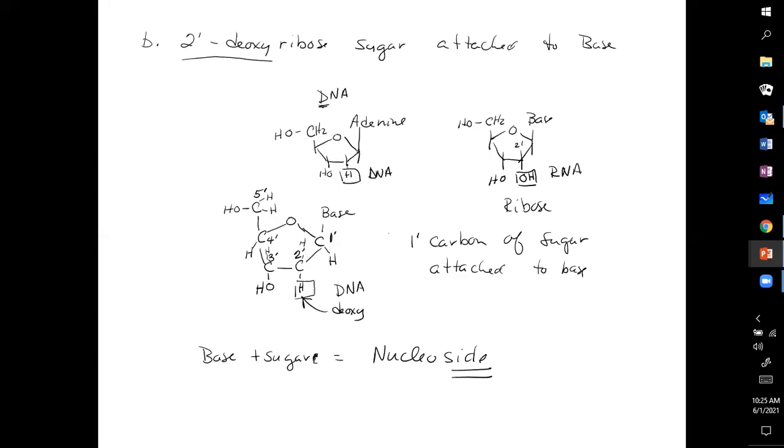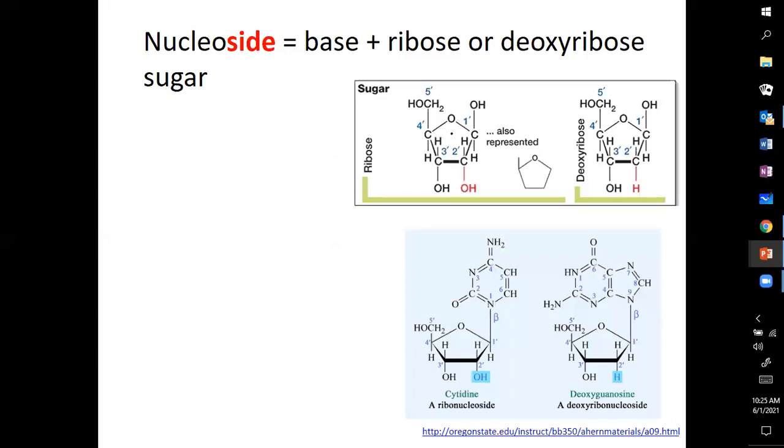If my chicken scratch, if my artistry, is hard to follow, I'm going to switch to a slide that has the complete structure I just drew out, showing all the carbons. This one is a complete structure. This is the ribose sugar before the addition of the base. And here's how you would write it in a shorthand way.